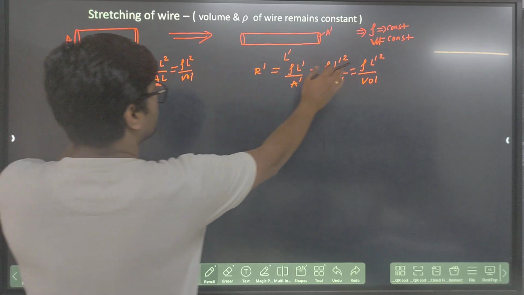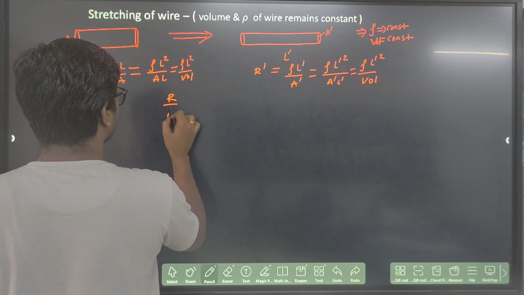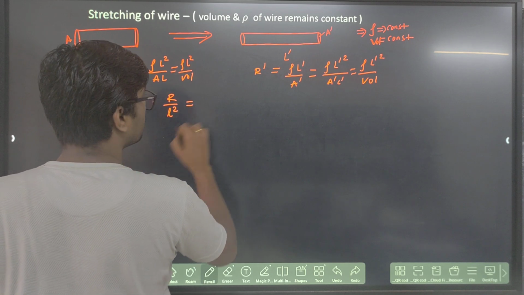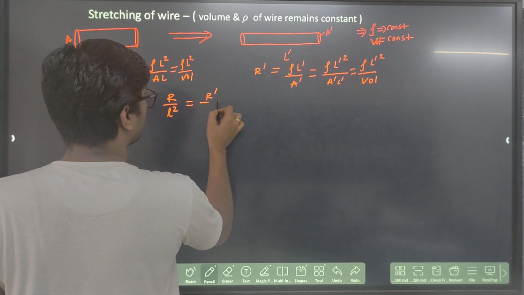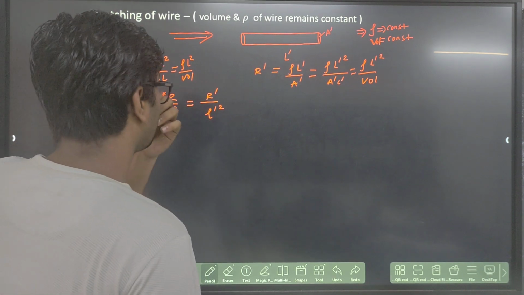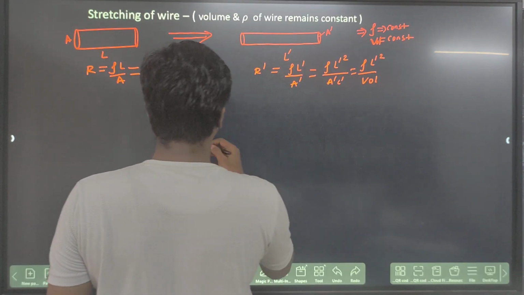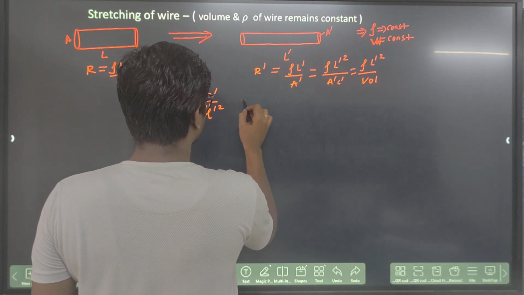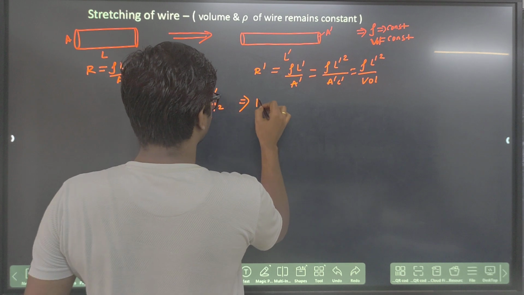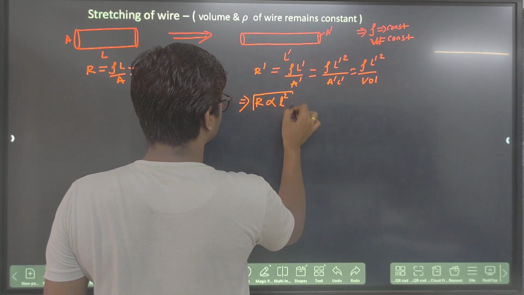So if you see these two equations, I can write R by L square is equal to R dash by L dash square, right? From these two equations, resistance is directly proportional to L square.